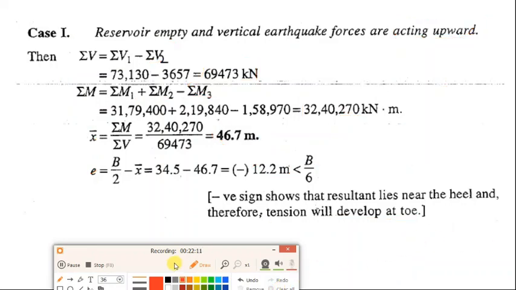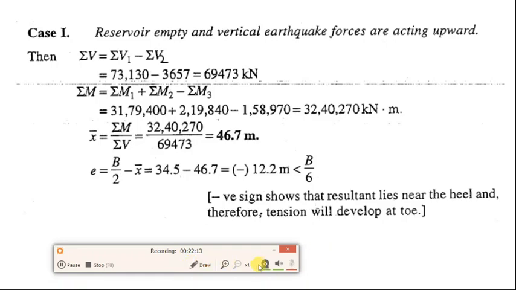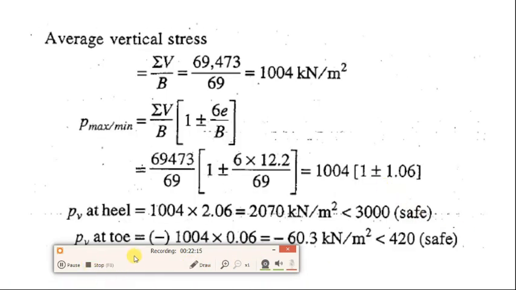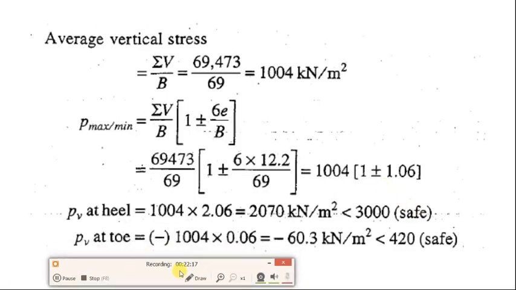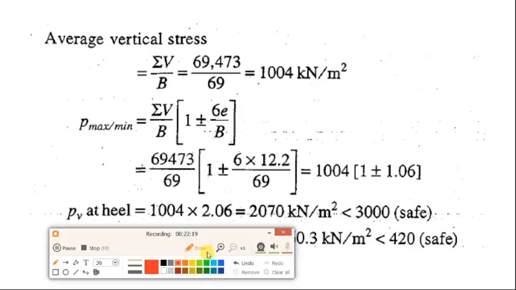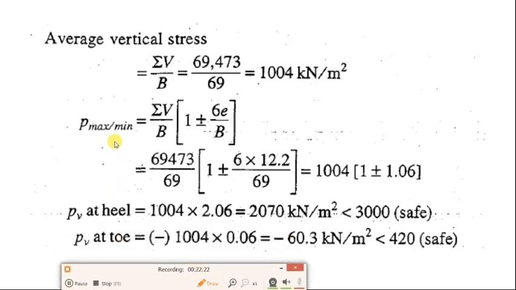So now we will be calculating the stresses near toe and near heel. How to do that? Here, the formula for calculating the stresses is summation V over b, where summation V is the summation of all the vertical forces, b is the base width, 1 plus is for compression and minus is for tension, 6e over b.